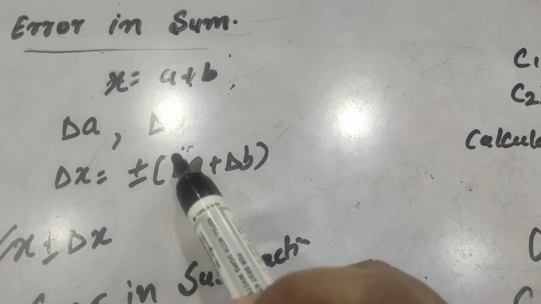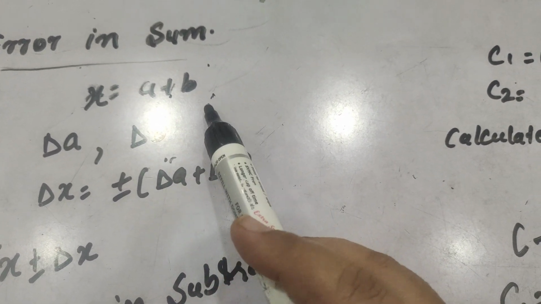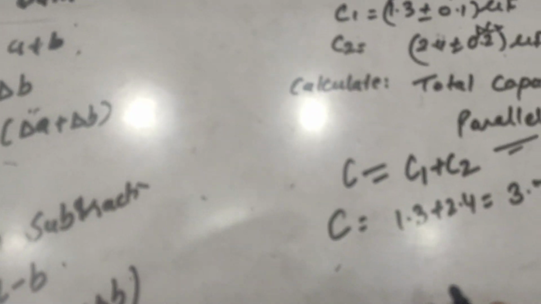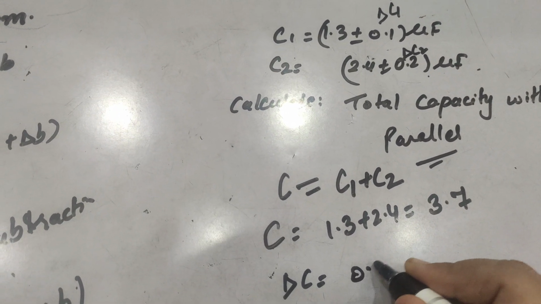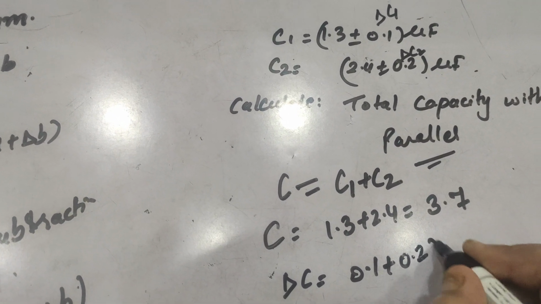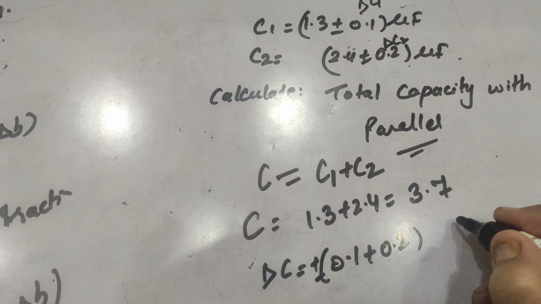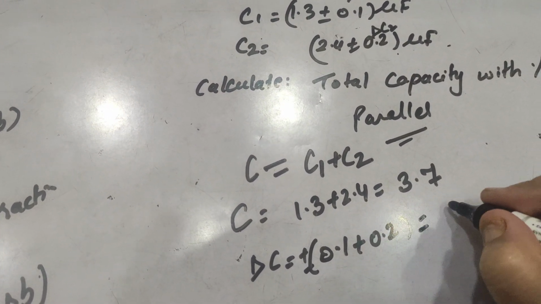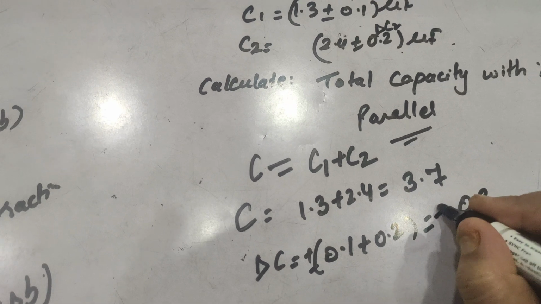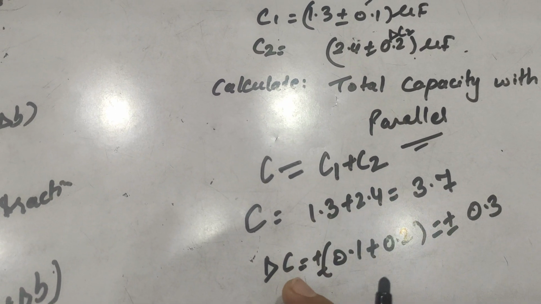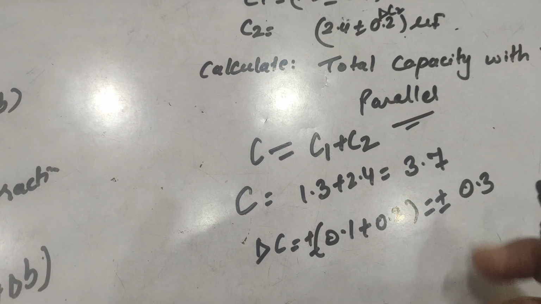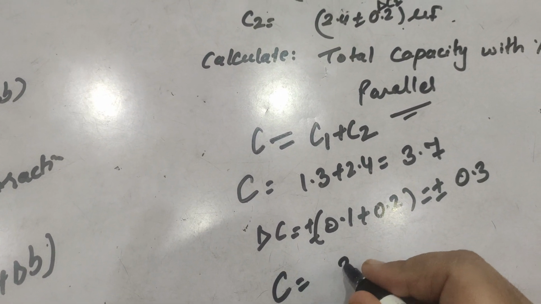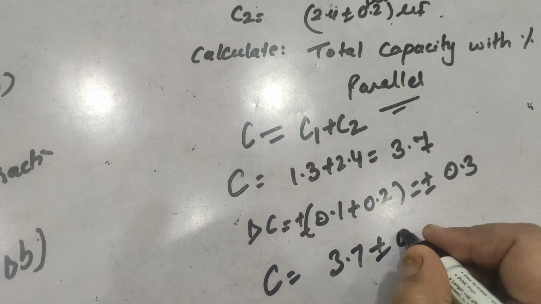As I have told you, when addition takes place, the error will be added. So delta C can be written as plus minus (0.1 plus 0.2), that is equal to plus minus 0.3. It means the net value will vary as 3.7 plus minus 0.3, or the result can be written as C is equal to 3.7 plus minus 0.3.